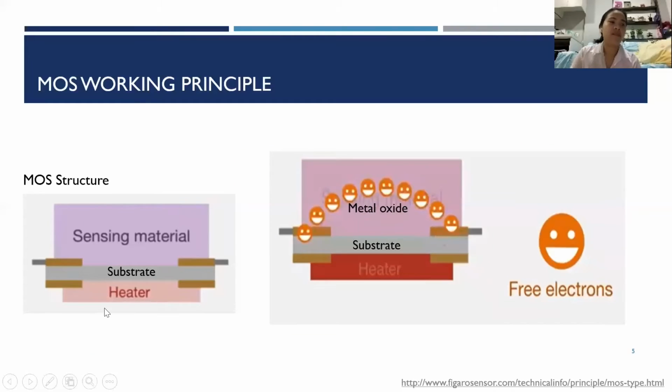The structure of the metal oxide gas sensor is shown in the left picture. Inside the gas sensor, at the bottom, there is a heater, the substrate, and electrodes left and right. On top, there is the sensing material, which is the metal oxide layer. Then when it connects to electricity, the electrons flow from one electrode to another electrode, as shown here.